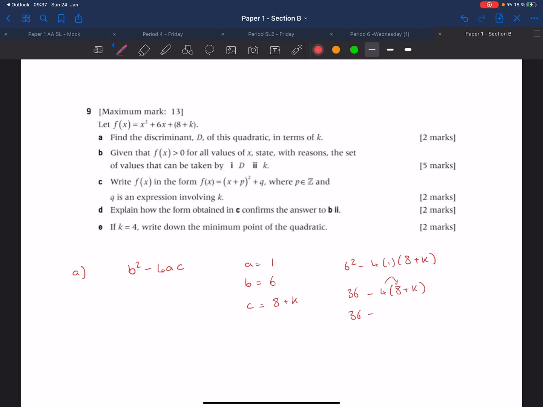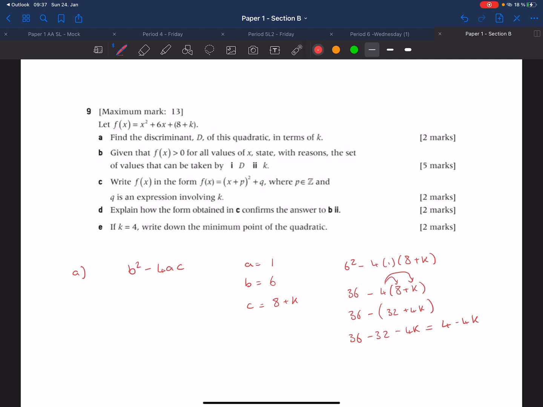And I need to multiply that 4 into both parts of that bracket. So 4 times 8 is 32 plus 4k. And now I'm going to deal with that negative so that I don't accidentally lose it. So I've got 36 minus 32 minus 4k. And when I do my final step of simplification, that gives me 4 minus 4k.